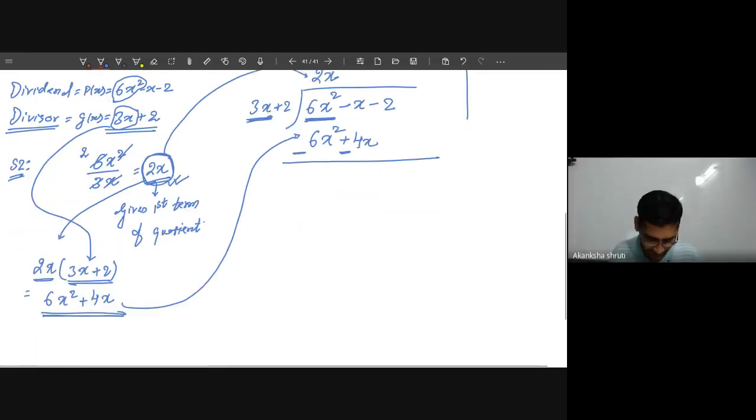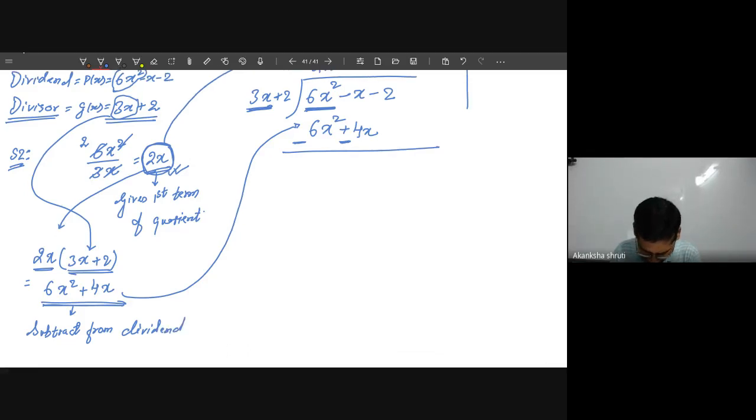After writing this, you have to subtract from the dividend. Subtraction is nothing but changing the sign of each term. So that I have done.